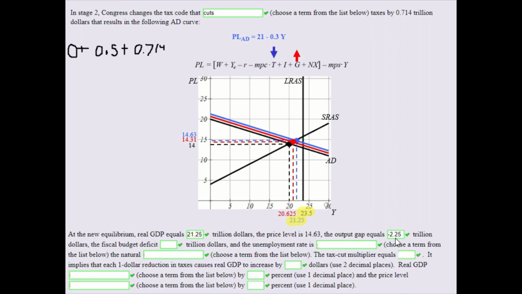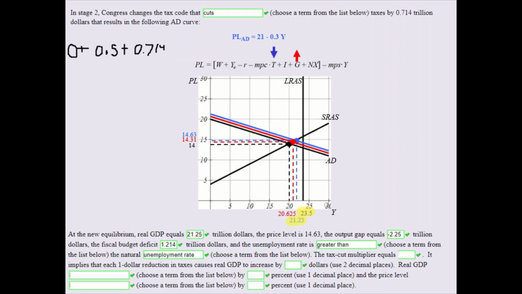So we still got a substantial gap here. The fiscal budget balance again is 1.214 because we take the original budget deficit, 0, add on to it the increase in government spending, then add on to that the tax cut of 0.714. The unemployment rate is greater than the natural unemployment rate.